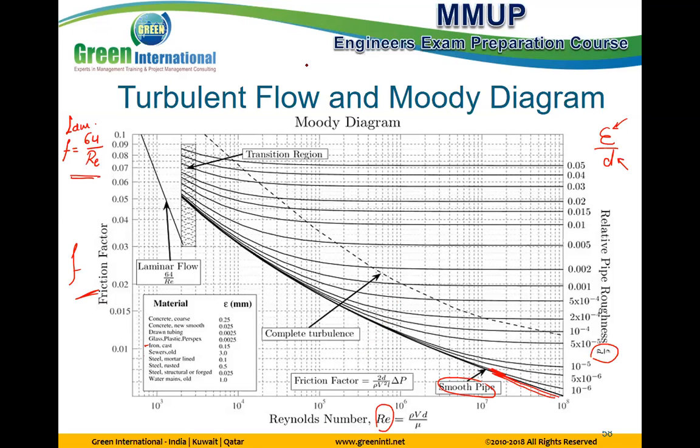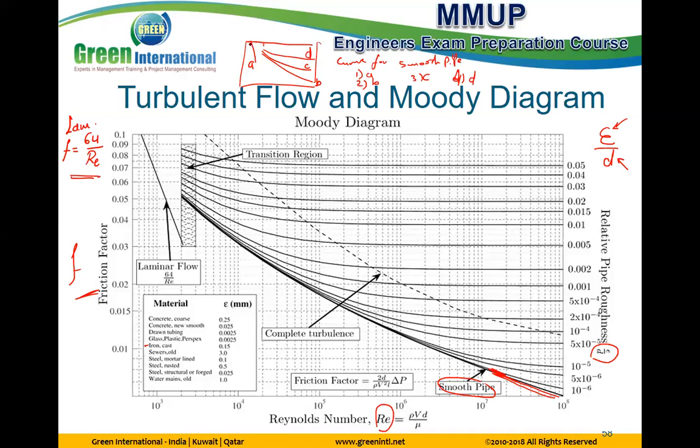The question asked in the exam just brings a figure like this with some curves like this, and mentions A, B, C, D. And the question is: which is the curve for the smooth pipe? Which one? A. Sorry, B. Yeah, B.